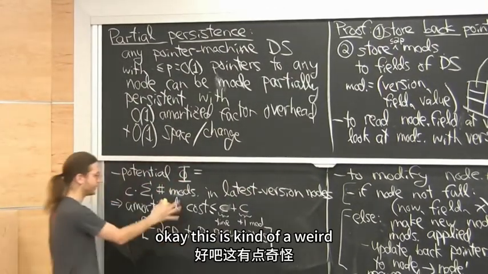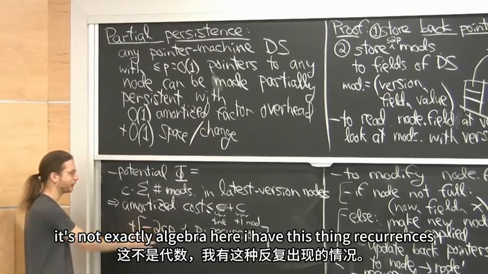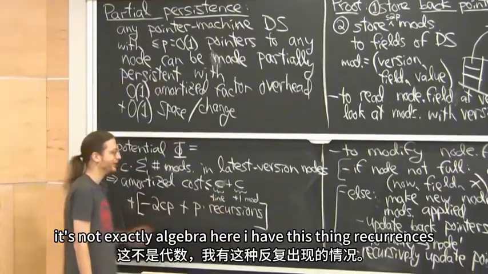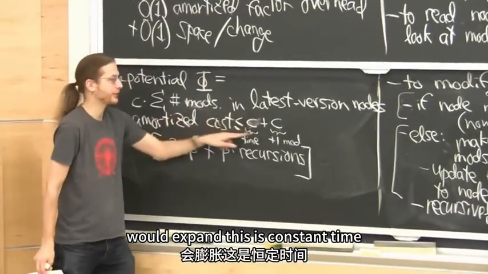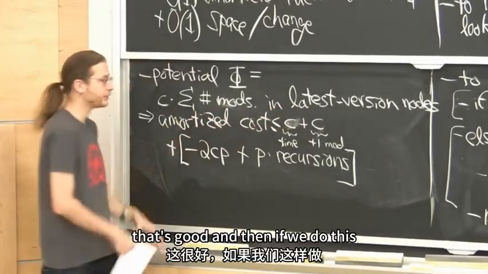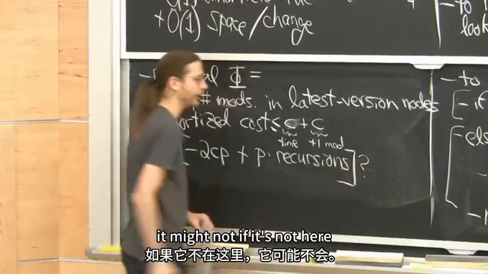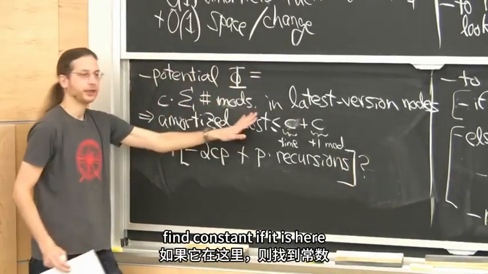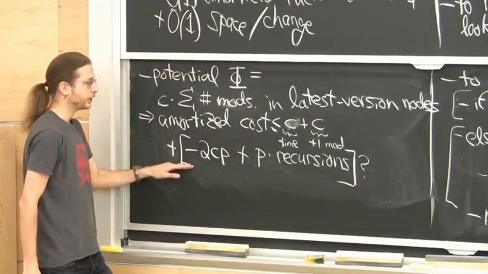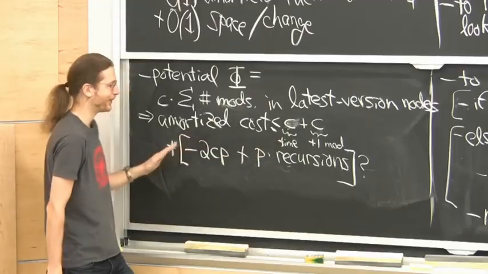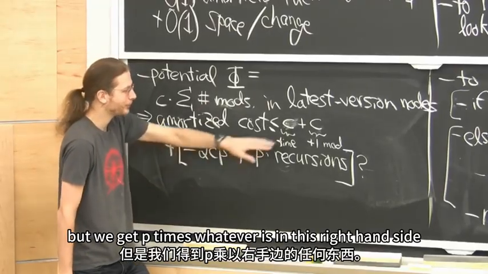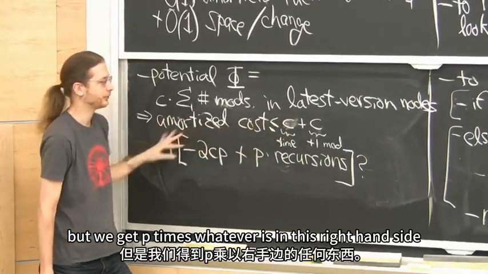Okay? This is kind of weird, it's not exactly algebra here. I have this thing, recursions. But if you think about how this would expand, this is constant time. That's good. And then if we do this, I'll put a question mark here. It might be here, it might not. If it's not here, fine, constant. If it is here, then this gets expanded into this thing. It's a weird recurrence, but we get P times whatever is in this right-hand side.